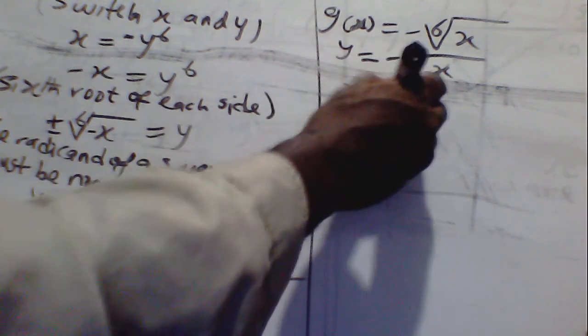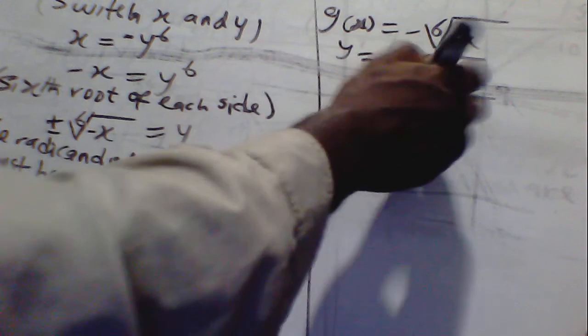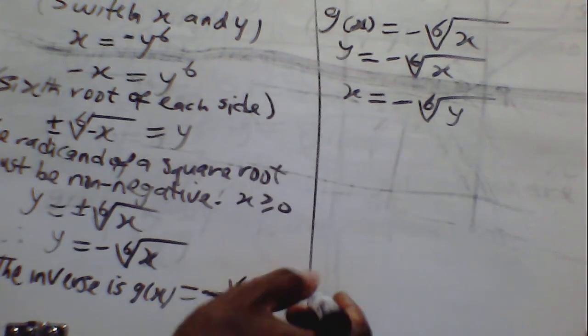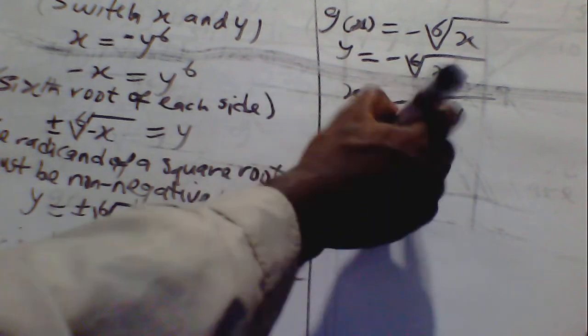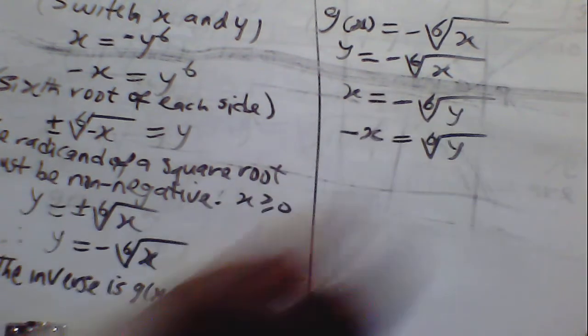So switch, we have x equal to negative the 6th root of y. Then multiply each side by minus 1, we have minus x is equal to the 6th root of y.